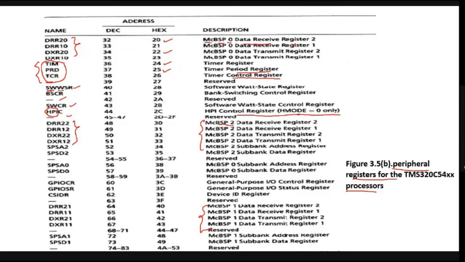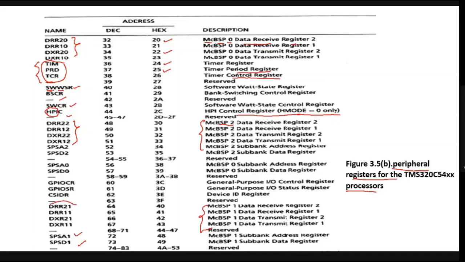So in this diagram we have three different multi-channel buffered serial ports: port 0, port 1, and port 2. Along with that, we also have the multi-channel buffered serial port sub-bank address register and sub-bank data register.